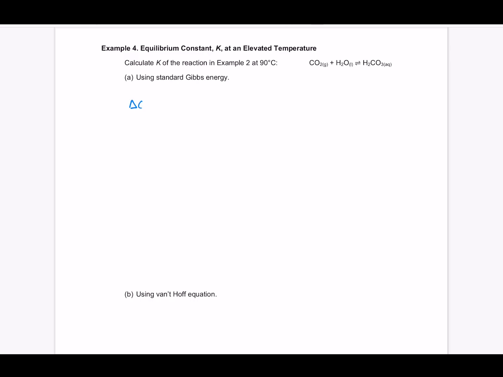To do that, we know delta G R at 90 is equal to minus RT ln K. And at the same time, delta G R at 90 is equal to delta H R minus T delta S R. It doesn't matter if it's 90 or 25, these two are temperature independent, but this guy is temperature dependent.